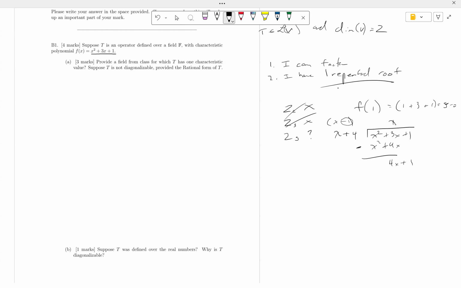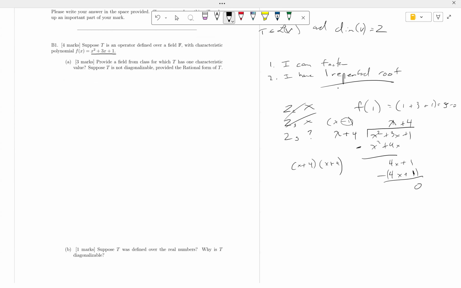So this goes x times, and now I'm going to add 4 to it, to give me 4x plus 4, and 4 times 4 is 16, which is 1 if we mod out, and when we subtract, we get 0. So it becomes x plus 4 times x plus 4.